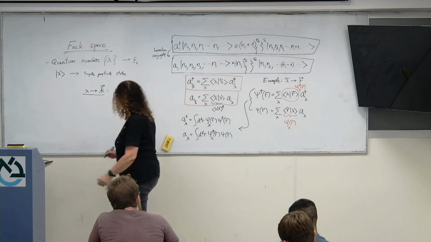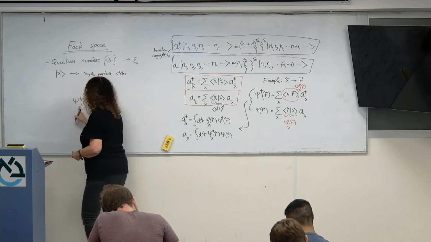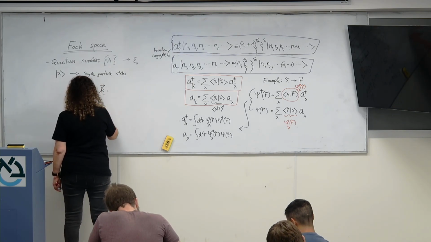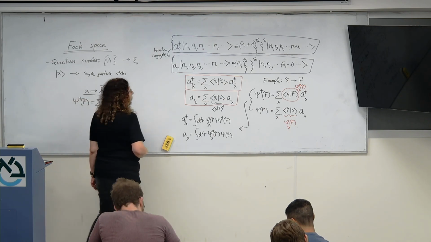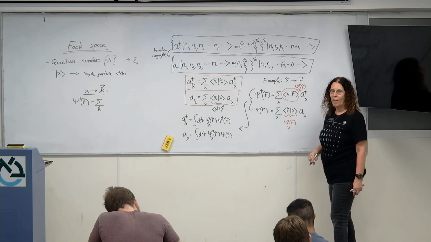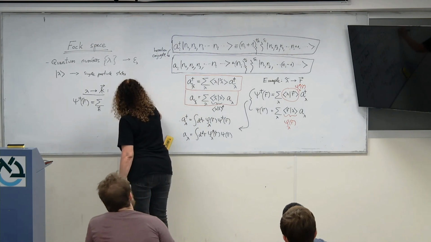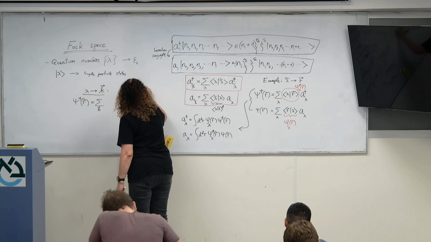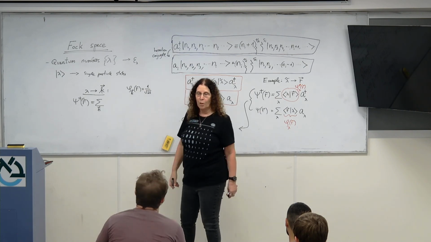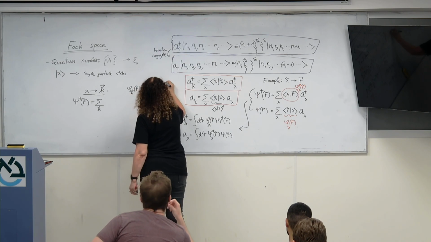I get that I can represent the creation operator field psi dagger R as a sum over k of the coefficients, which are now going to be the functions phi k of R. Write it straight away, phi k of R is 1 over 2 pi, it's some convention for the normalization, e to the i k dot R, right?